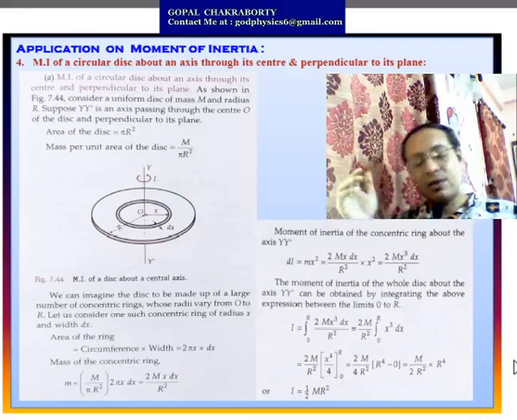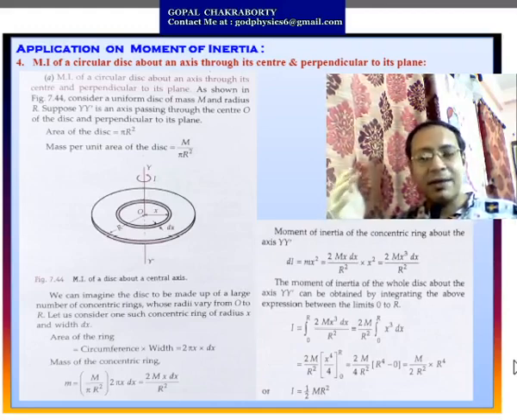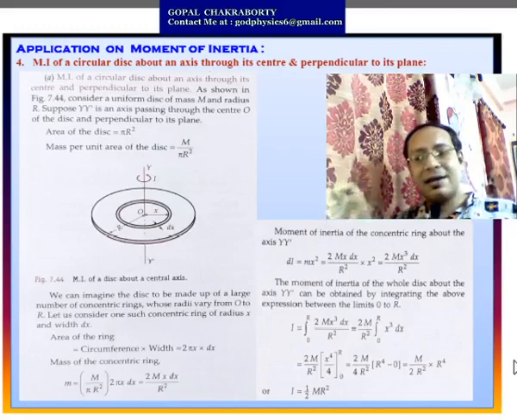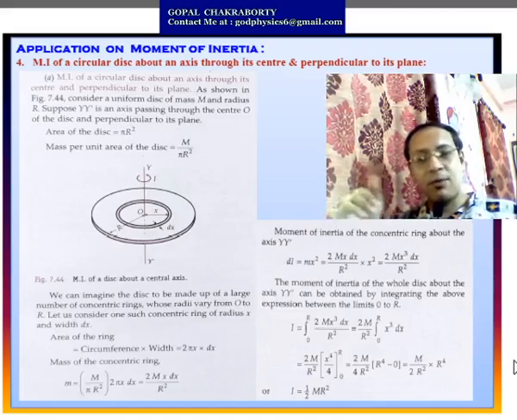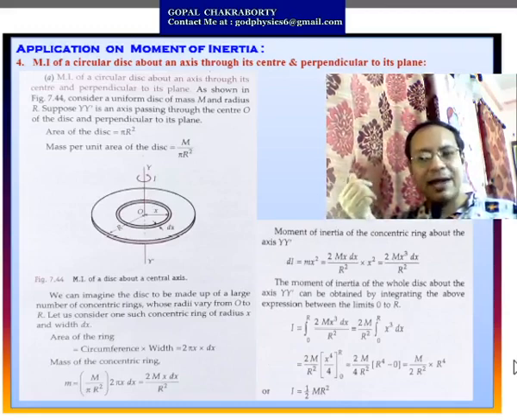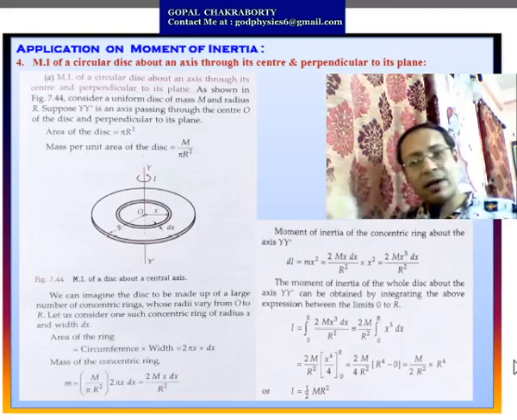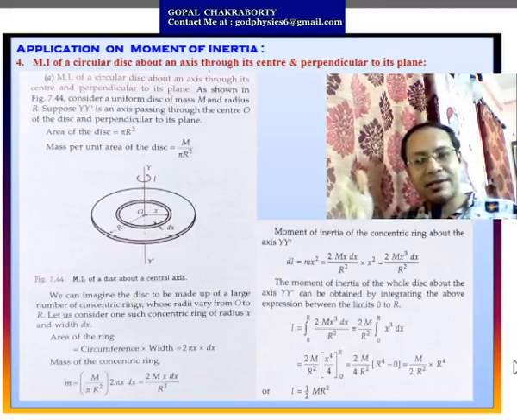Now to find the total moment of inertia, again the procedure is the same. You have to take the integration. The limit is 0 to r, because you consider the ring at a distance x from the center, and to complete the whole disc you move from 0 up to capital R. Taking that limit, you get twice capital M by r square, which is a constant you can take common, and integration of x cube dx.